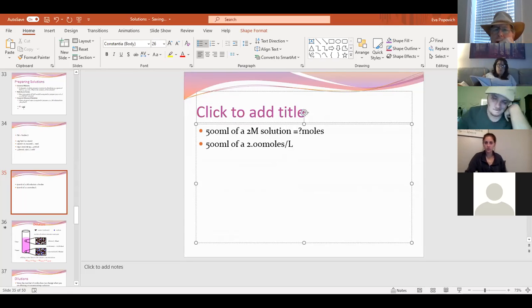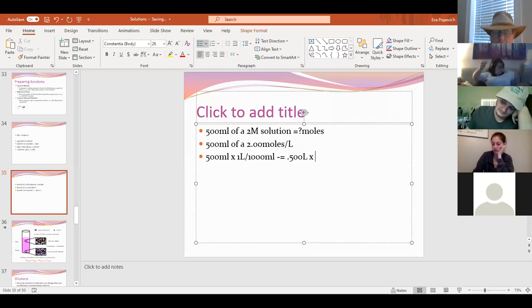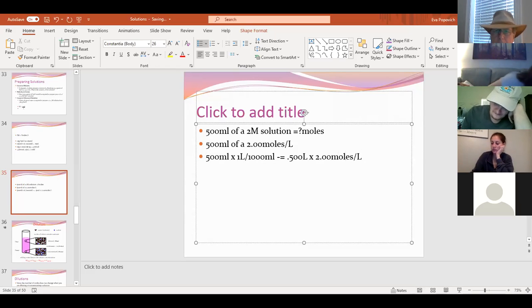Can somebody tell me how I get moles out of this? You multiply the liters by the molarity. Simple enough. 500 milliliters times 1 liter divided by 1,000 milliliters gives me 0.500 liters. I just multiply that by 2.00 moles per liter, and this gives me 1.00 mole.